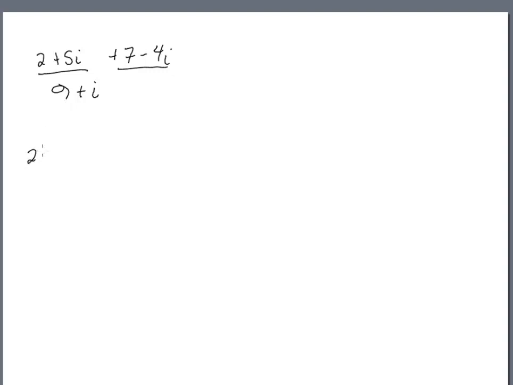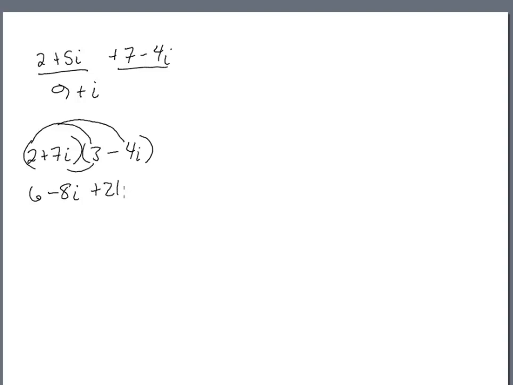Multiplication is kind of interesting. 2 plus 7i times 3 minus 4i. These are binomials, so we're going to do that super distribution, or FOIL as some people call it. 6 minus 8i plus 21i minus 28i squared. And this is where we realize we're never going to have an i squared in an answer. i squared is negative 1.